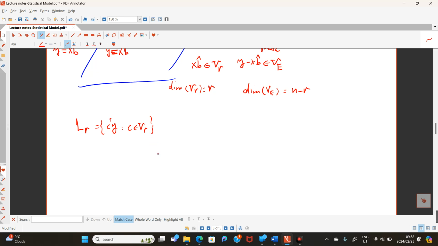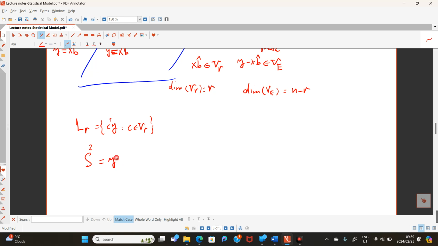So the sum of the squares of the linear set LR is the square of the length of the projection of Y on VR. This we know already. So if I define the total sum of squares, this total sum of squares is actually the square length of the projection of Y on V, or Vn.